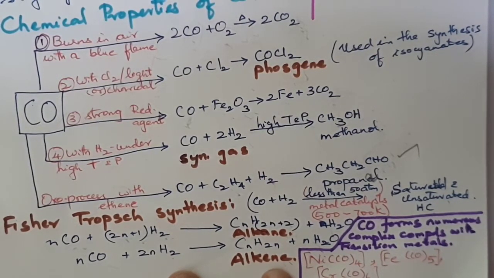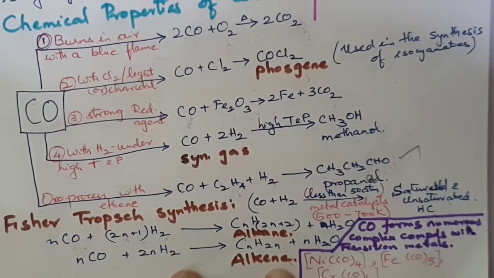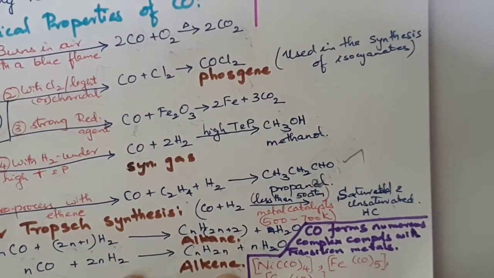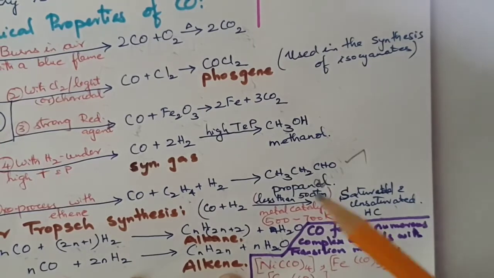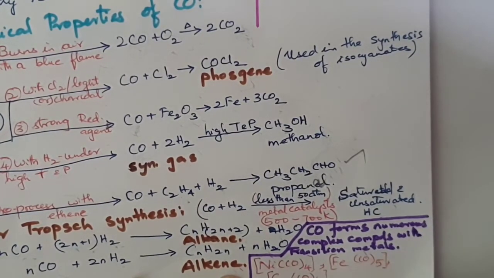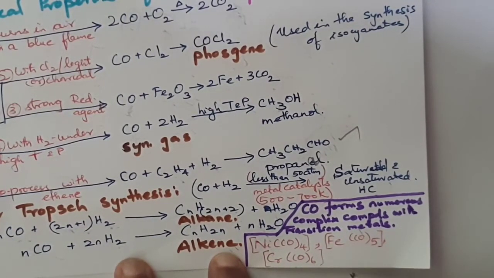The compounds obtained by heating a metal with carbon monoxide will be complex compounds with transition metals, and the transition metals will be like nickel, iron, chromium, etc., which are all in their zero oxidation states.